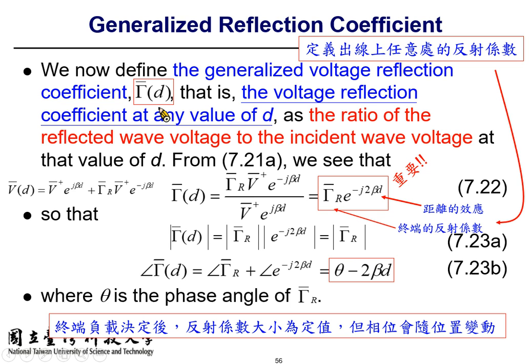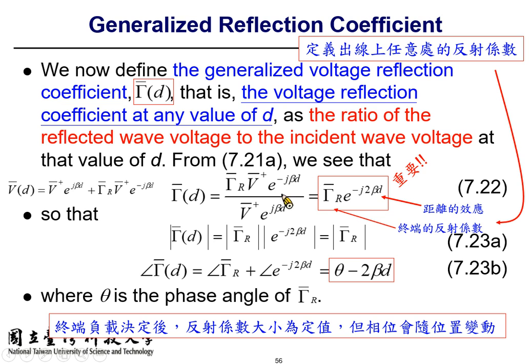So if you substitute V minus with gamma R times V plus, then the gamma D becomes gamma R times exponential minus j times 2 beta D. Why?